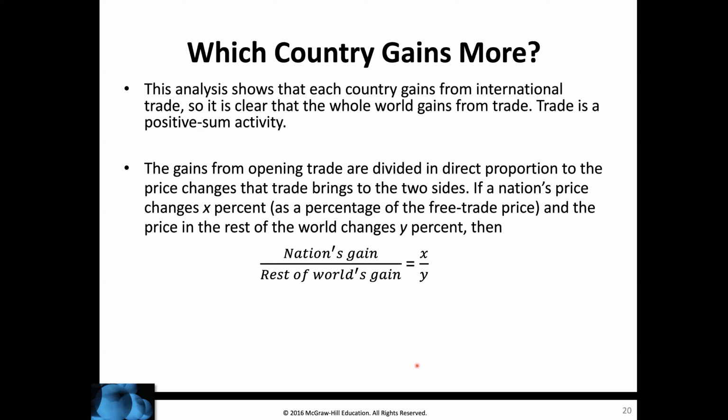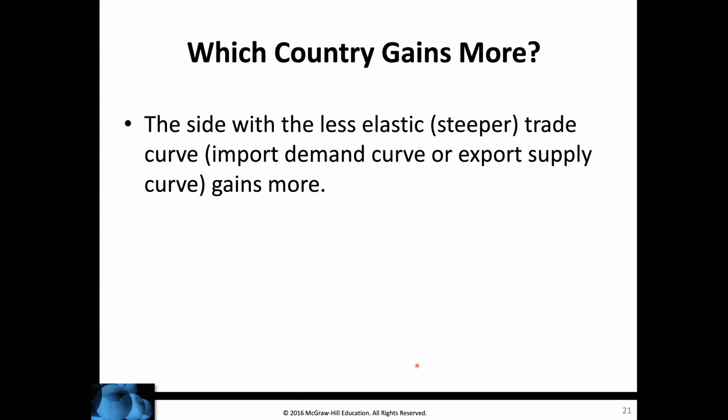So if a nation's price changes X% as a percentage of the free trade price, and the price in the rest of the world changes Y%, then the nation's gain over the rest of the world's gain is X over Y. The side with the less elastic or steeper trade curve, the import demand curve or export supply curve, gains more. And so the slope of these curves is very important in understanding this.